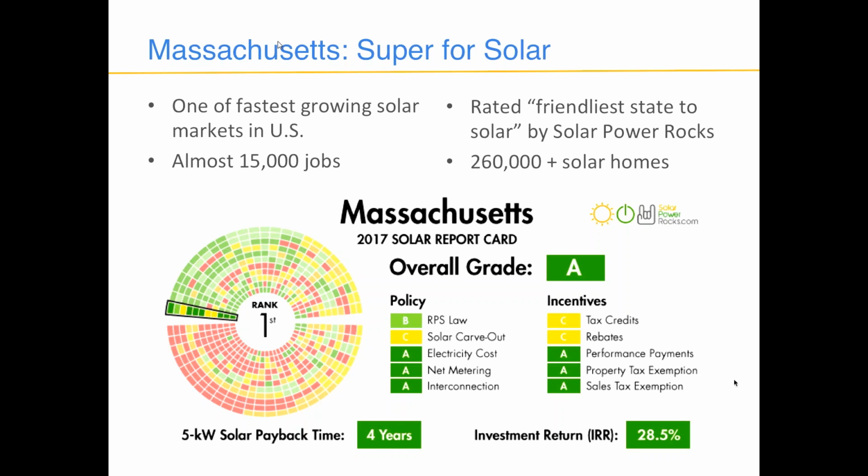This is because of our great policy landscape, all sorts of things that we have in place that other states haven't been able to pull together, all of these resources that make going solar so easy here. We are one of the fastest growing solar markets in the United States. Lots of people employed in the industry, from salespeople to actual installers, etc.